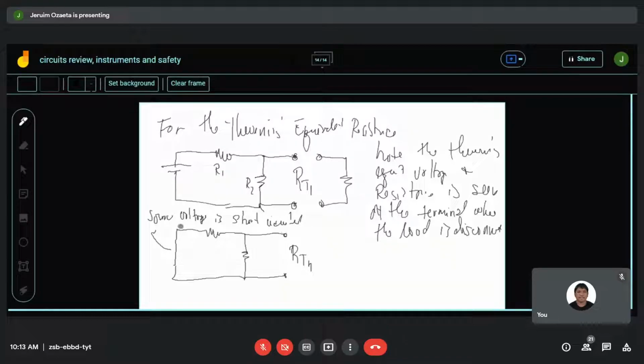When you short circuit that, there is no potential. So here you can say that the R Thevenin's equals R1, R2 over R1 plus R2.